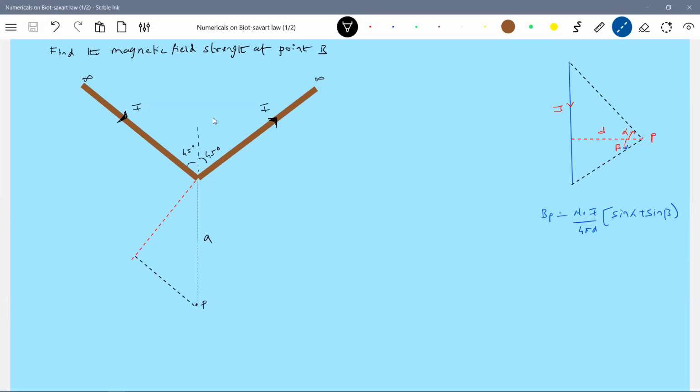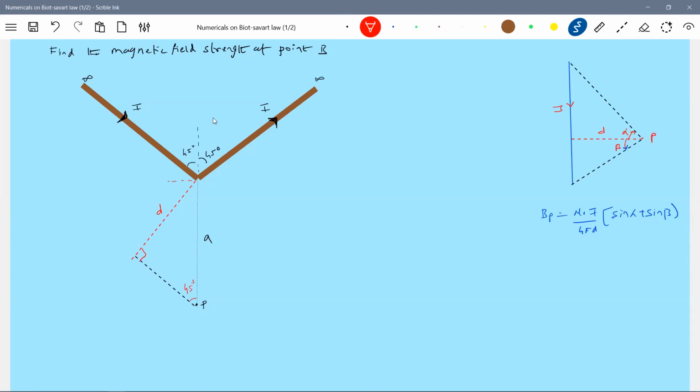Let me bring a perpendicular distance. This is 90 degrees. Now this will become the perpendicular, not A. From the bisector, it is 45 degrees. So this will be 45 degrees, and this will also be 45 degrees.